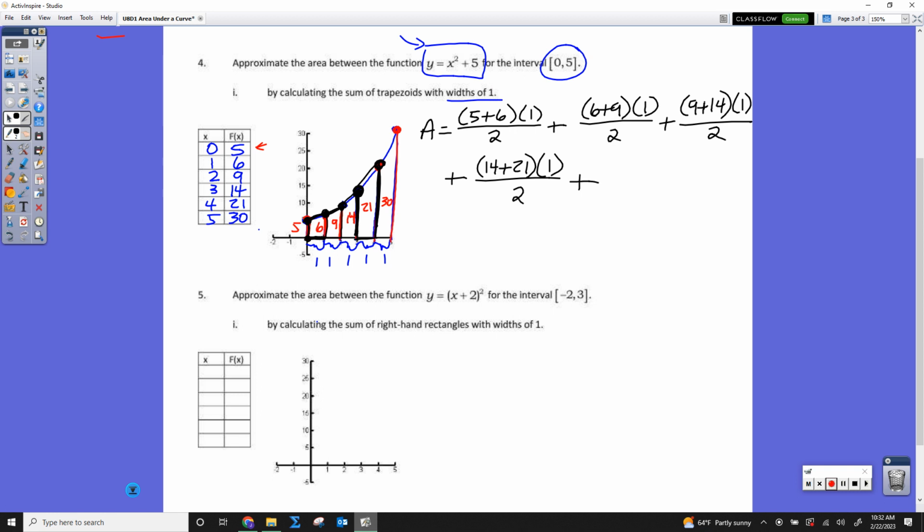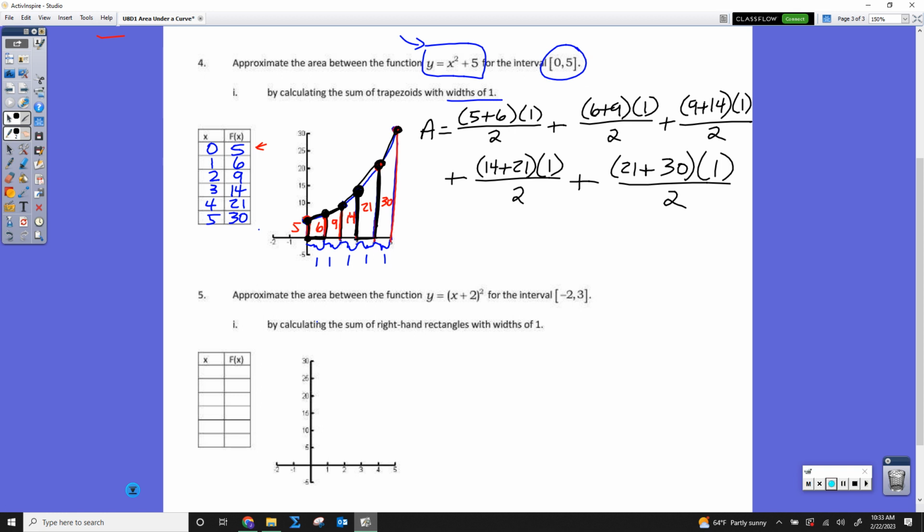And our final one, from here to here. Our base is 21 added to our other base, 30, times the height of 1, divided by 2. So we have our 5 trapezoids that we can work with to determine the area.